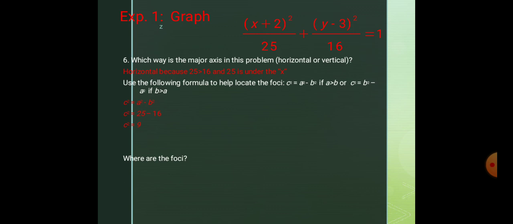The result is c squared equals 9, or c, if we get the square root, is positive or negative 3. Move 3 units left and right from the center to locate the foci. The foci are (-5, 3) and (1, 3).